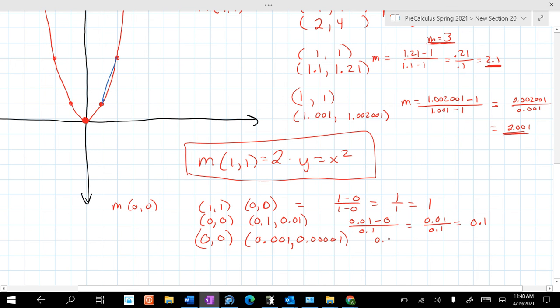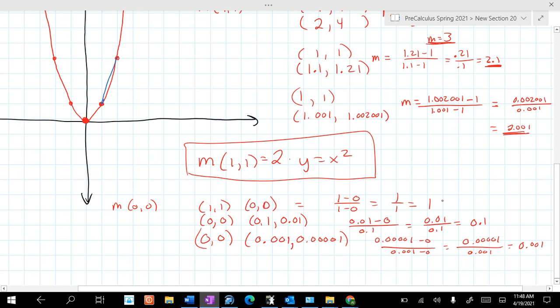So it's 0.000001 minus 0 over 0.001 minus 0, which is 0.000001 over 0.001, which if you move the decimal is 0.001.